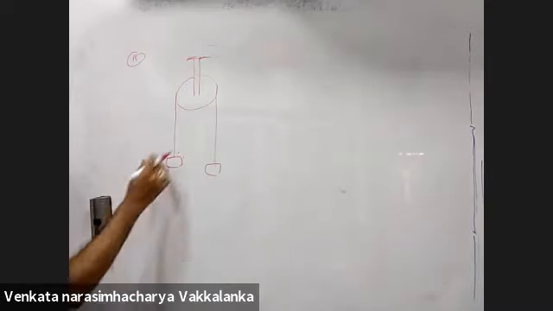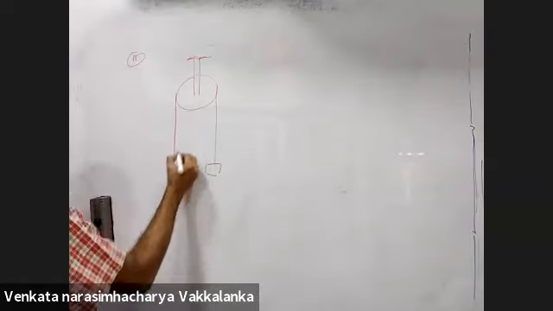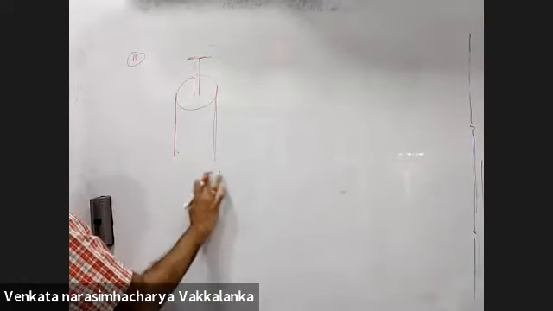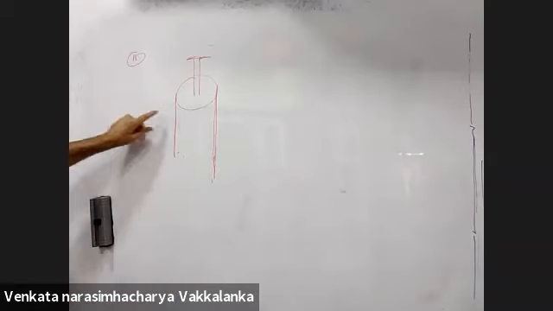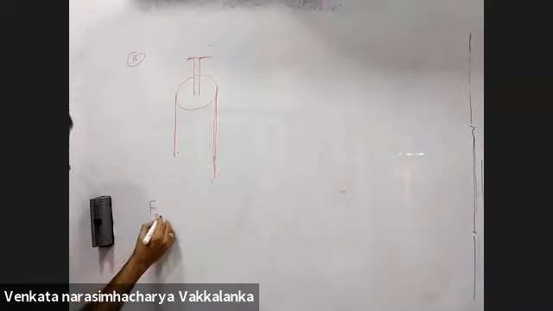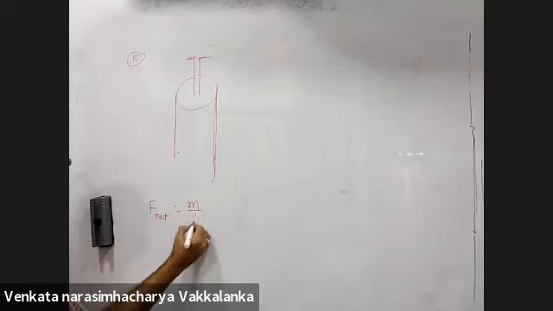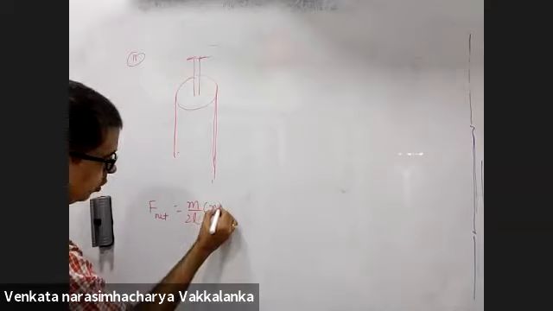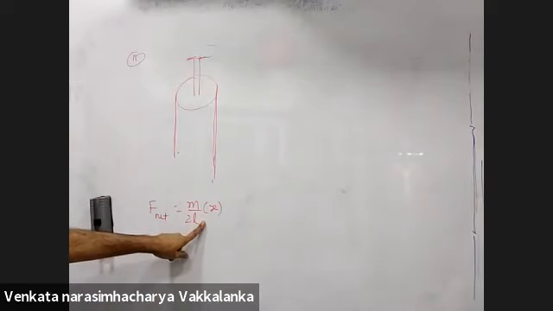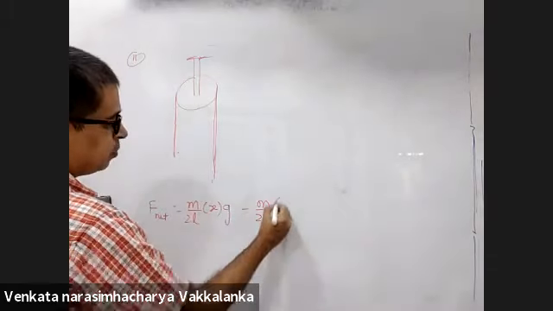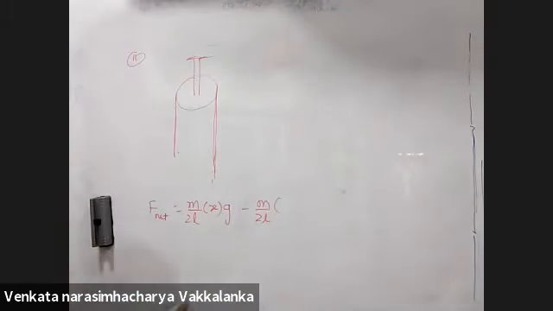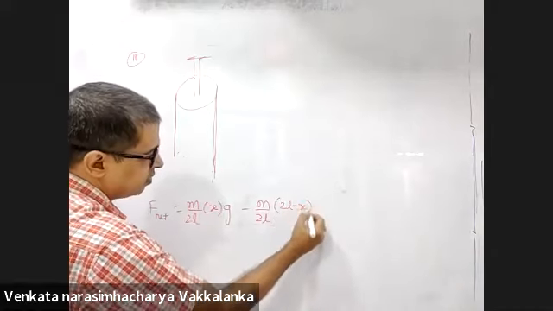Right? So for the net unbalanced force you have to take the total weight on this side and the total weight on that side. How much are the weights given? F net unbalanced force is mass per unit length, 12 into x, on one side, into g, minus mass per unit length into the other side, 12 minus x, into g.